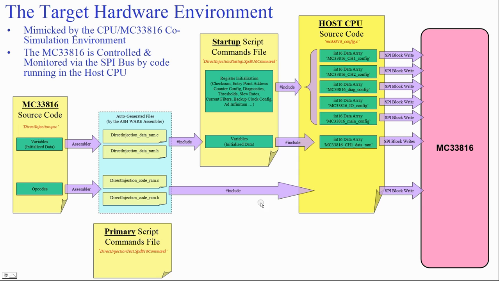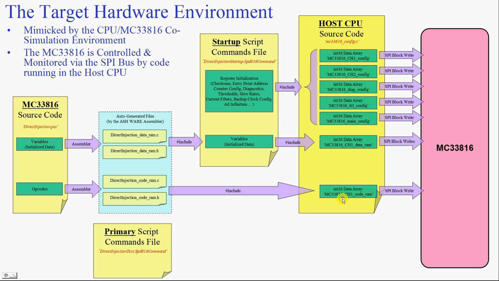These are included into the source code file to form another int16 data array named channel1_code_ram, and similar to the data initialization, were this demo to use the second MC33816 channel, there would be another int16 data array and SPI block write for that second channel.